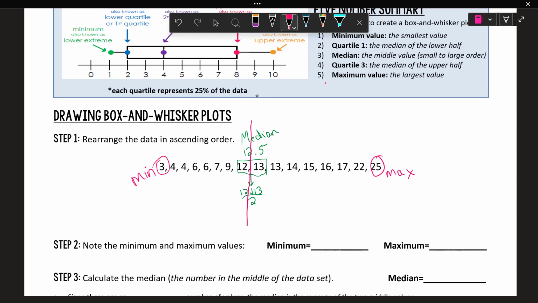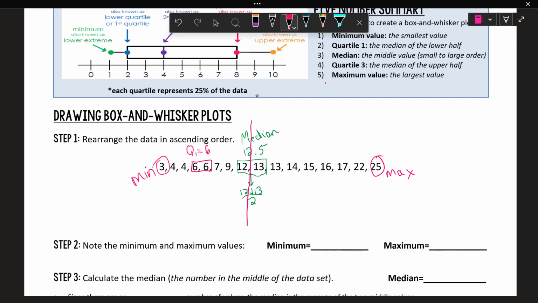So again, we're going to have to find the mean of the 2 middle numbers, which happen to be 6 and 6. We got 3 numbers to the left of them, 3 numbers to the right of them. And so the median is the average of those. Obviously, we don't really need to find that because the average of 6, of course, is 6. So that's our Q1 or quartile 1.